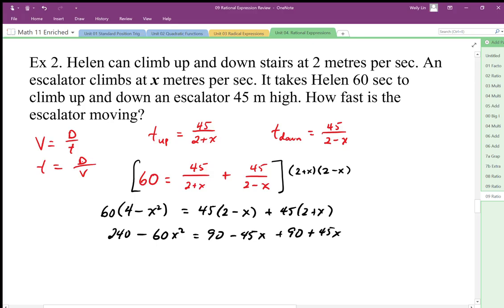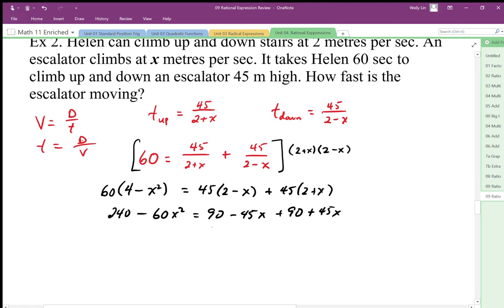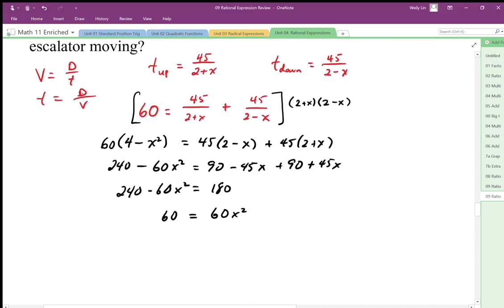The 45x's cancel out. Maybe I'll just combine my like terms first. I'm going to subtract 180 from both sides and add 60x squared to both sides, so I end up with 60 equal to positive 60x squared.